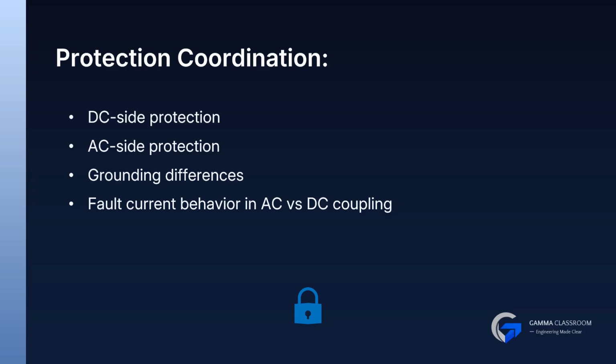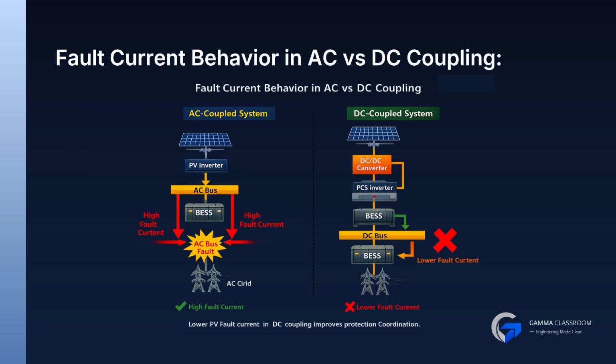Proper coordination prevents cascading failures and ensures compliance with utility protection requirements. In AC coupled systems, both the PV inverter and the battery contribute fault current on the AC bus.